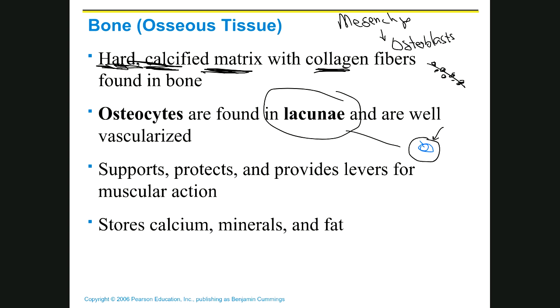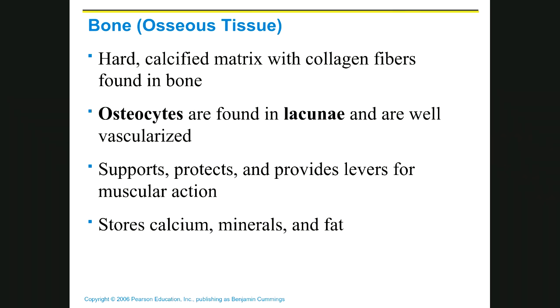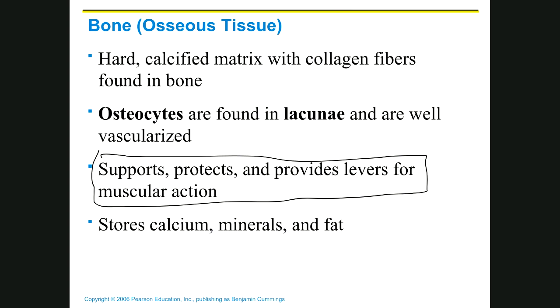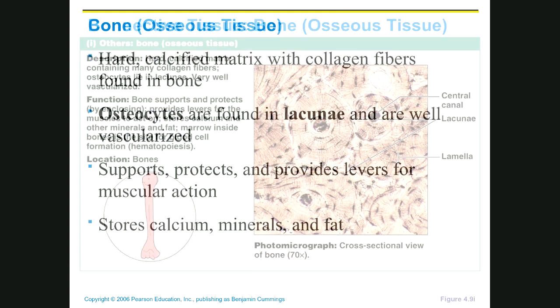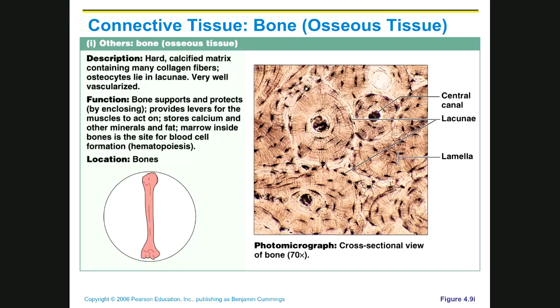So it's not going to be osteoblasts, it's going to be osteocytes, because those are the ones that maintain bone. Because bone is hard and stiff and strong, it's supportive, it's protective, you can use it to pull on. It also has a lot of calcium and minerals in it, so we can use it to store those. So if we look at bone, it looks like this.